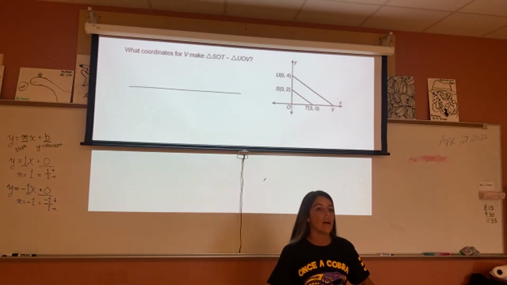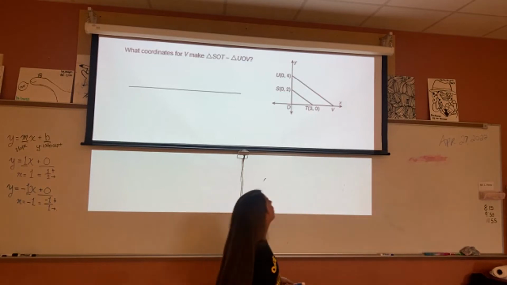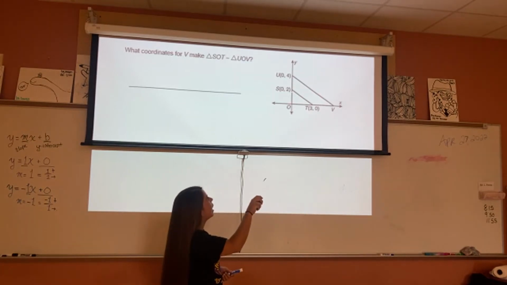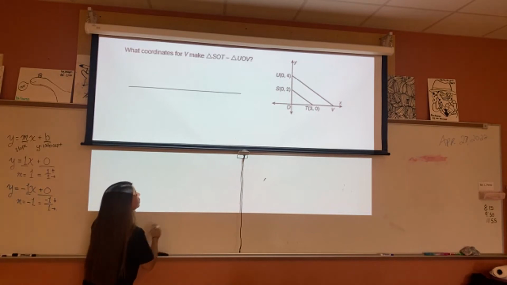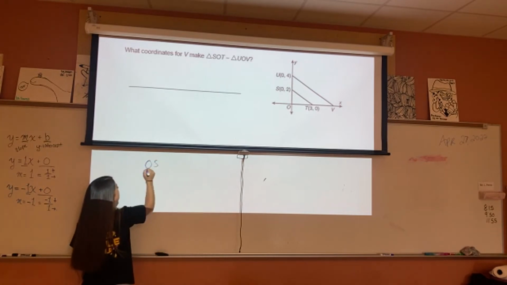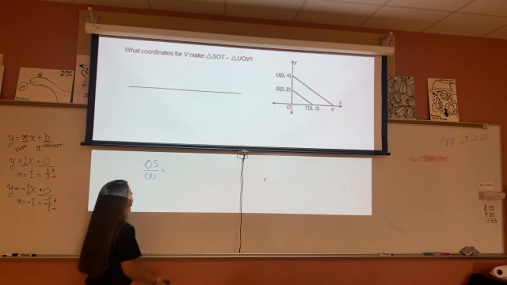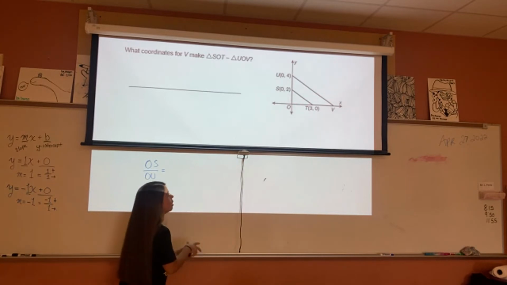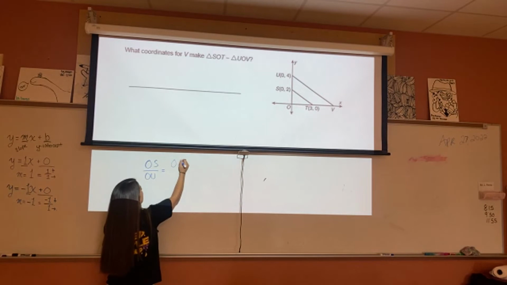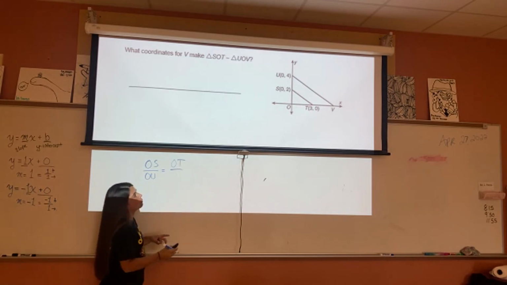If I'm doing it based off of the side lengths again, in my little triangle, I have side OS, and it corresponds to side OU. Again, I'm taking it right from that similarity statement. So I'm going to put OS over OU, and I'm going to set it equal to this side in my small triangle, which is OT, over that side in my big triangle, which is OB.